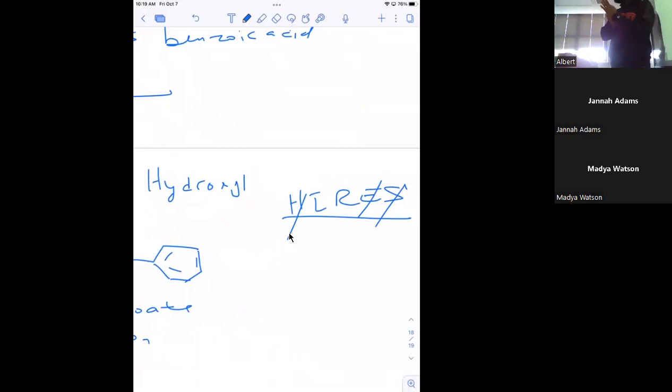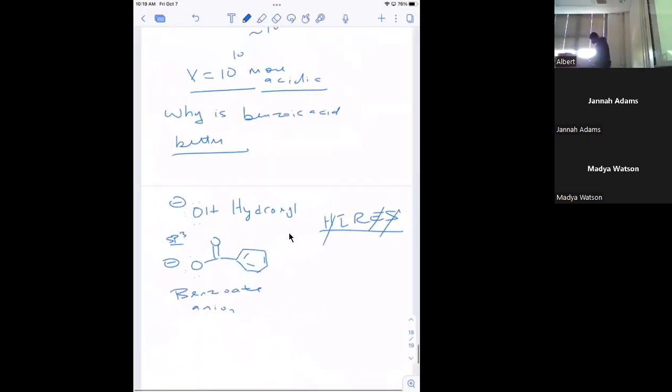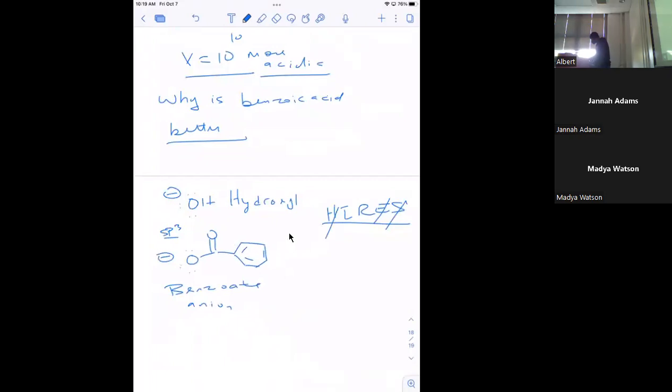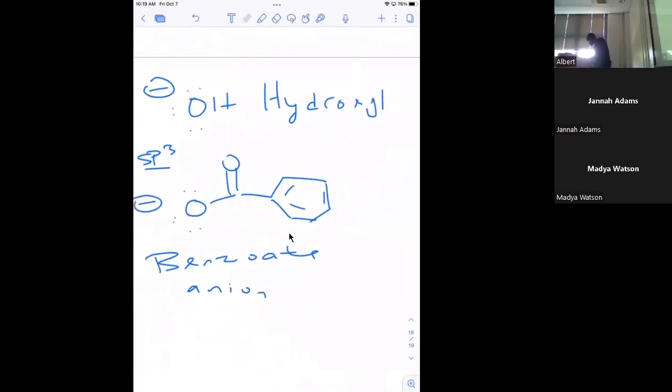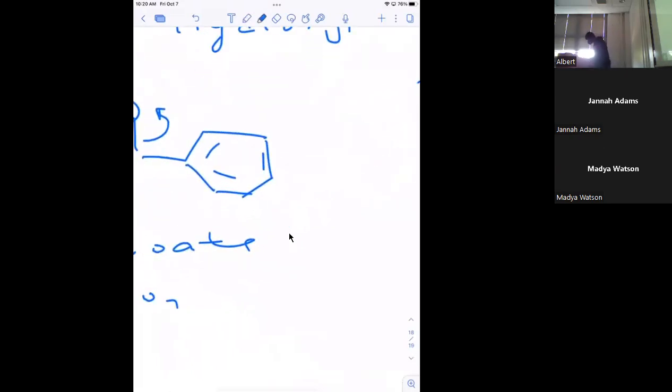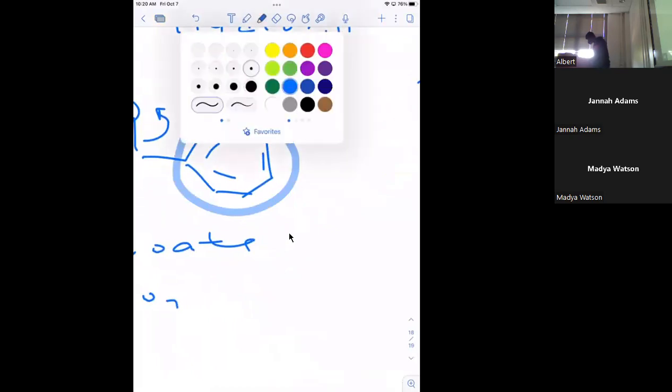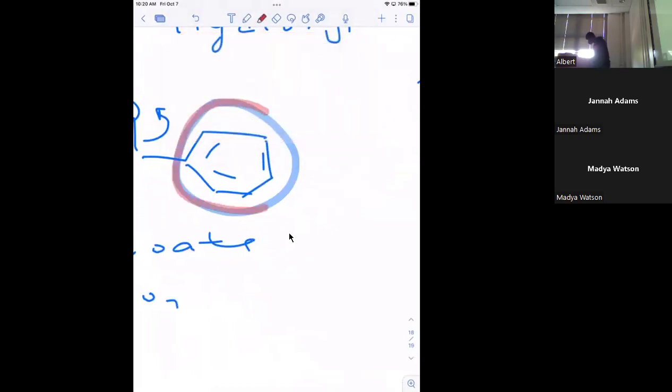So when we look at the benzoate anion, you see immediately that you can do resonance. And you have an aromatic ring. The aromatic ring is also inductive.